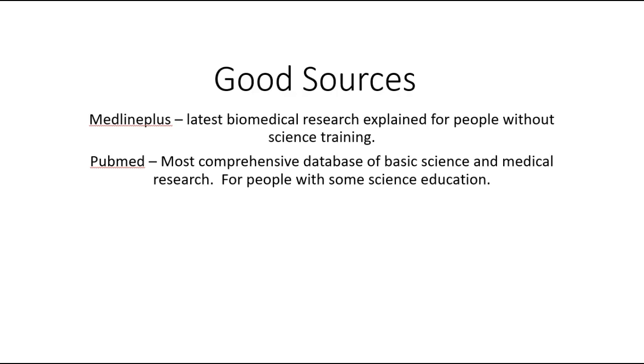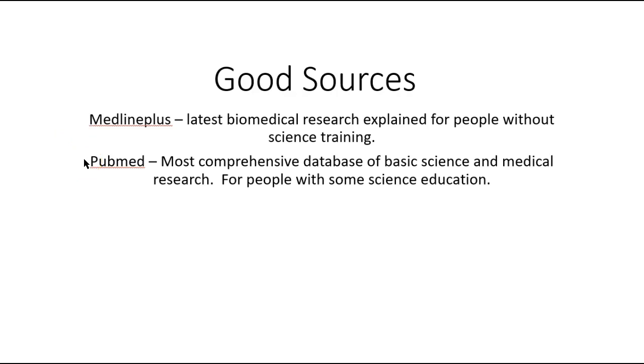So if you ever want to read up on stuff, these are the two sources I recommend. They are your tax dollars at play, so they're both overseen by the National Institutes of Health, big federal government agency, again, your tax dollars. Medline Plus, as this says right here, is for the general public, so you don't have to have scientific training to go on there, put in a search term, and see if there's data about echinacea or St. John's wort, or how much vitamin D you should be taking, the benefits and pluses of anything.